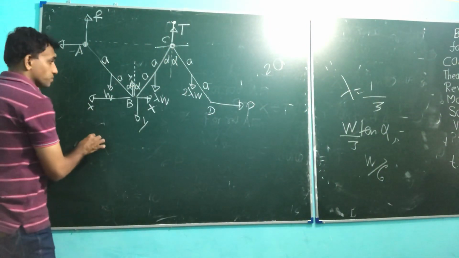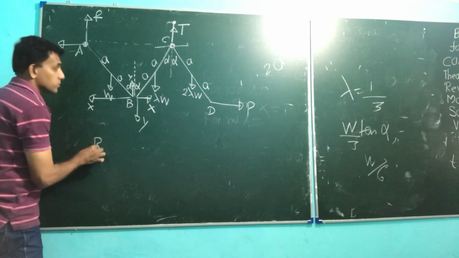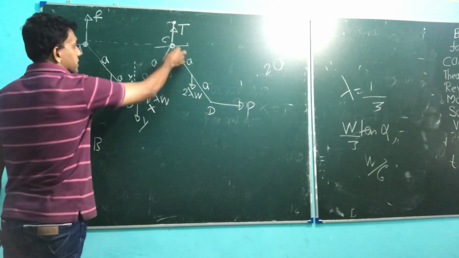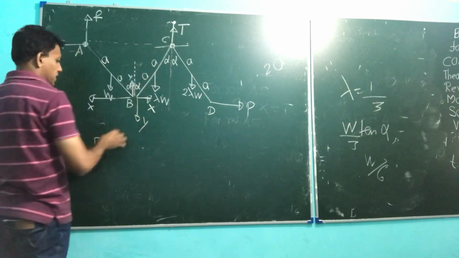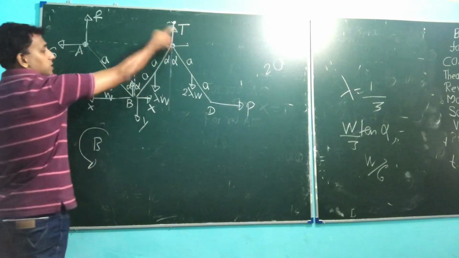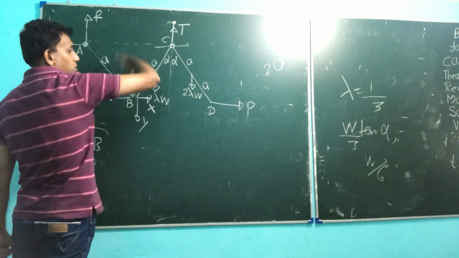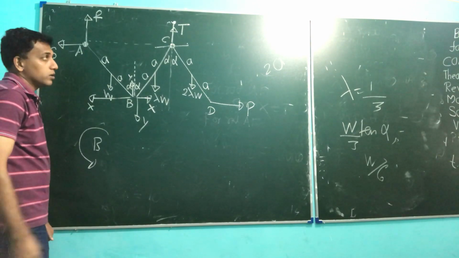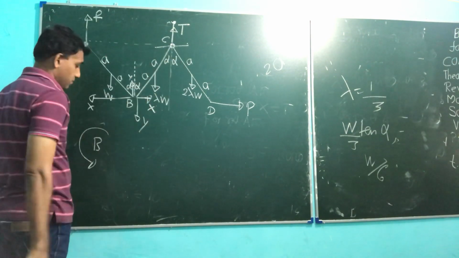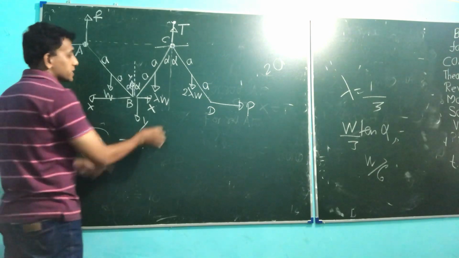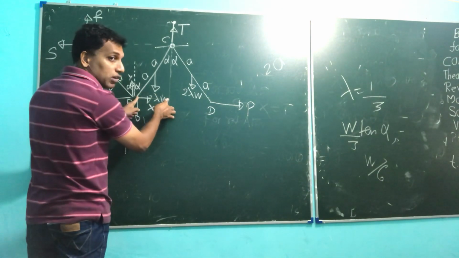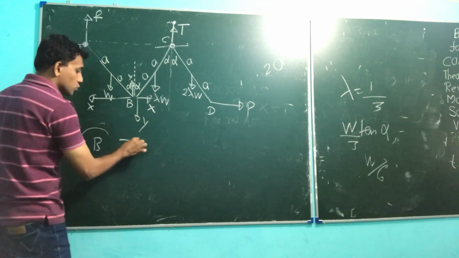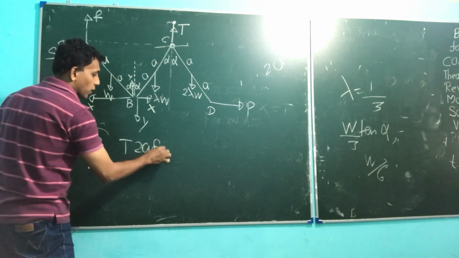So B. Which one can I take? That T, in that direction, the force is T. What is the distance? 2A sin alpha, right?